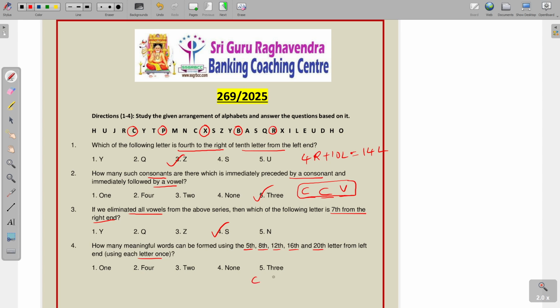So, what are the letters? C, P, X, B and R. Okay. So, from these letters, how many meaningful words can be formed? Once you observe, by using all these letters we can't make any meaningful word. Okay. None is the answer.